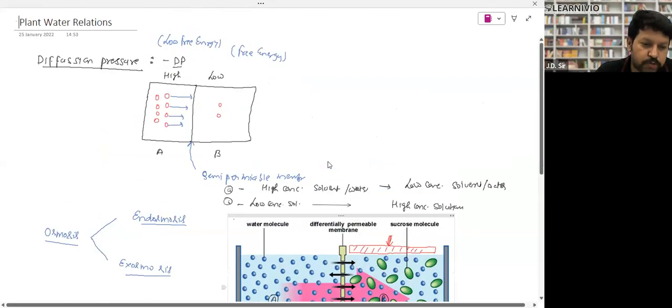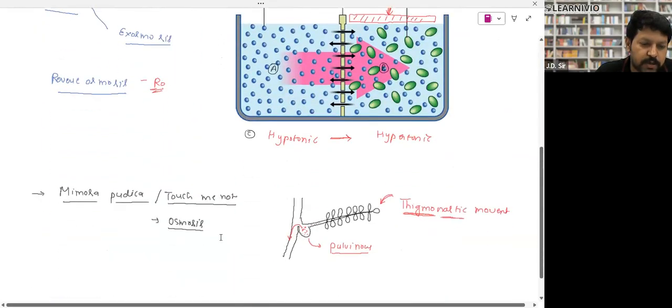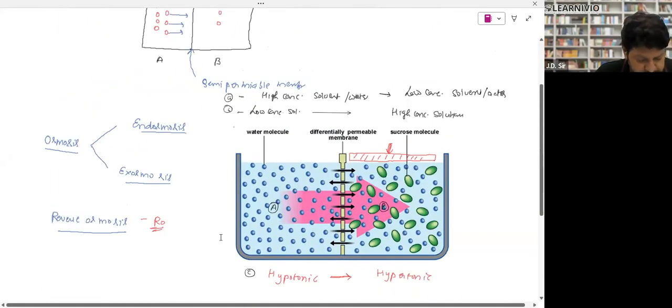So please note down in osmosis. Osmosis is of two types: endosmosis and exosmosis, right? So first, please note down what is osmosis.